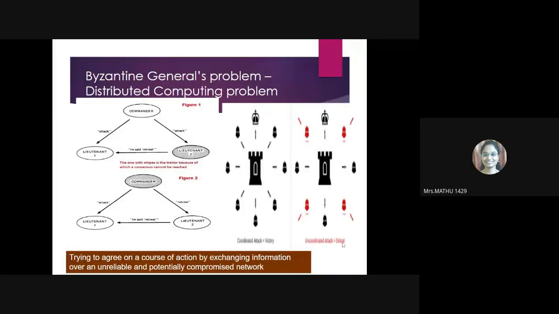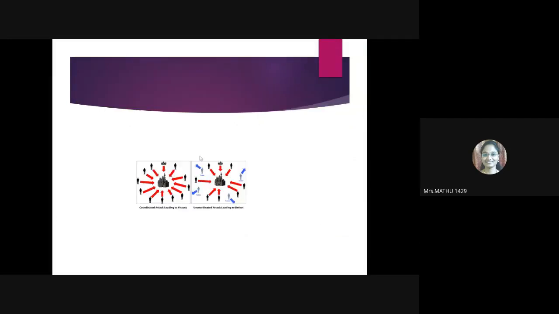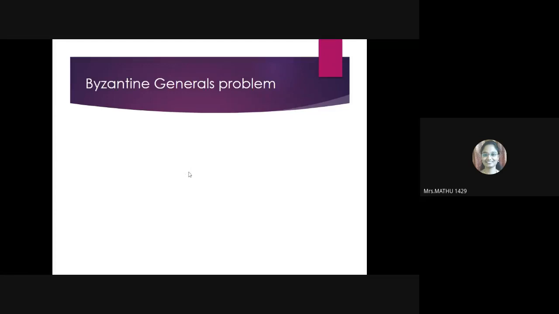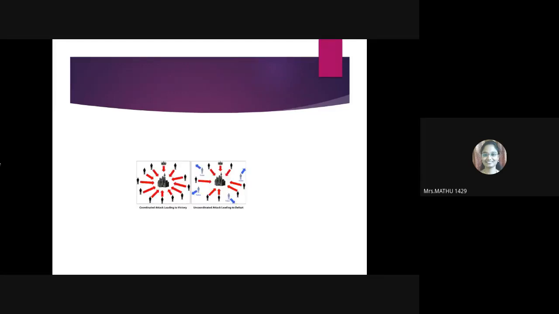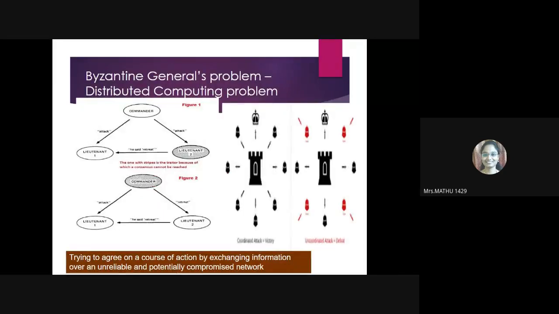You can see on the second picture, in the first one all are moving towards the city in one accord and attacking the city. In the second picture, some of them are moving forward towards the city, and some of them are reverting back. Then they will not be able to achieve the outcome that they need.